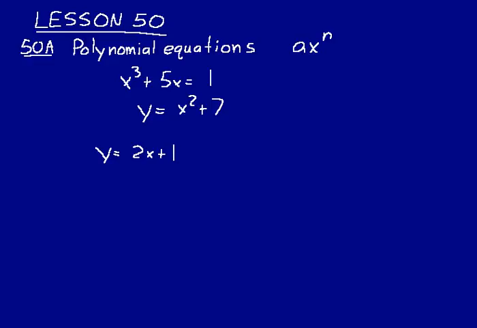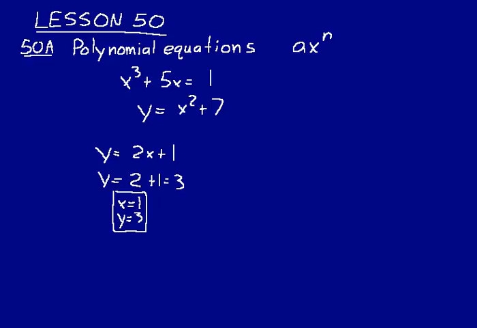For example, if we substituted x equals 1 into that equation, we'd have y is equal to 2 times 1 is 2, plus 1, or 3. So for that particular equation, when x equals 1, y equals 3. And so there's a pair of numbers there that have to go together. X has to be 1, y has to be 3 to satisfy that equation or make it a true equation.